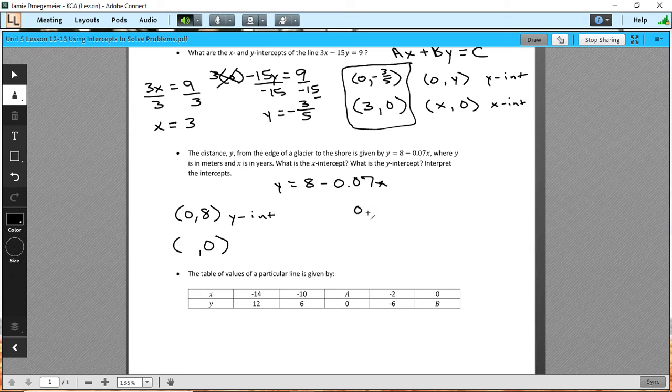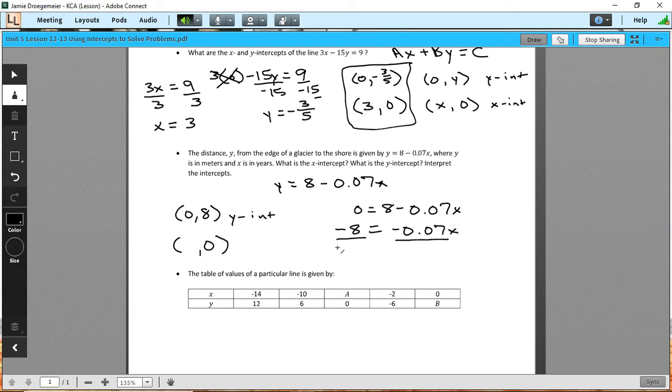So I'm going to plug in 0 for y and then solve this for x. I would start by subtracting 8 from each side, which gives me negative 8 equals negative 0.07x.